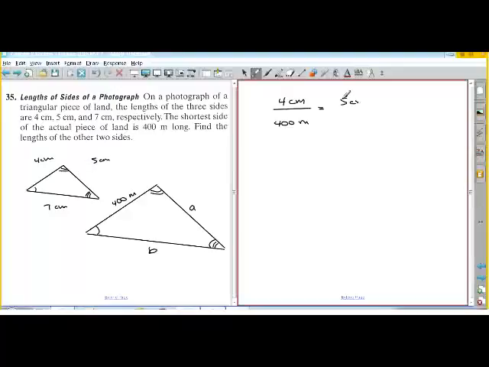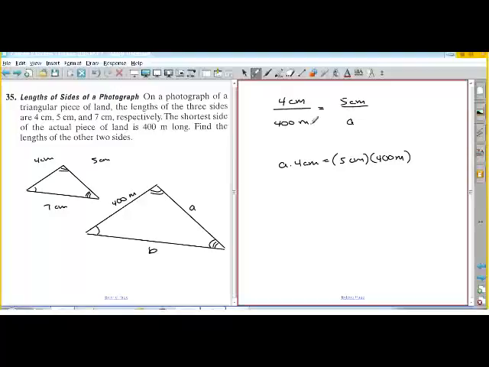as 5 centimeters is to whatever the corresponding side is, which is A. So we end up with a ratio. We can cross multiply. I'm leaving the units on here for right now, but as long as you are consistent, you don't have to worry about it.